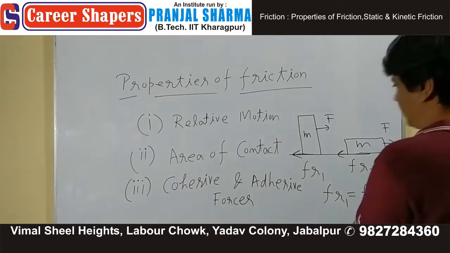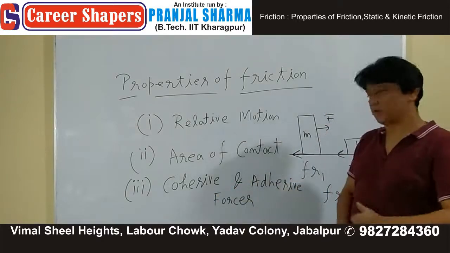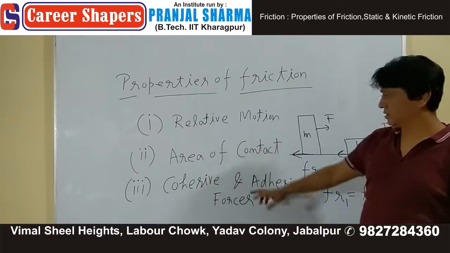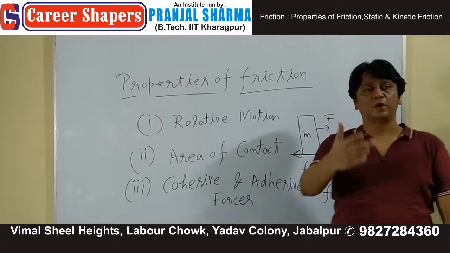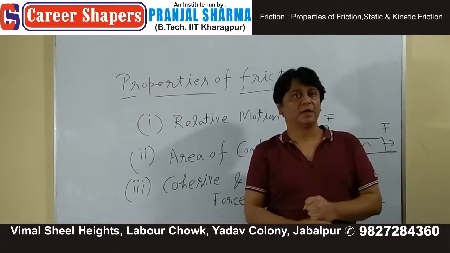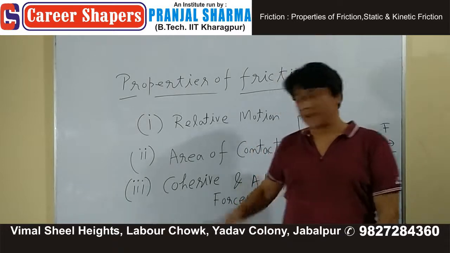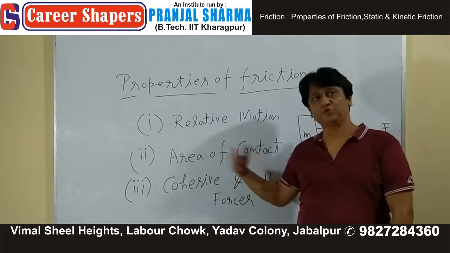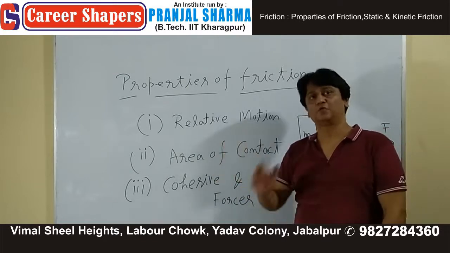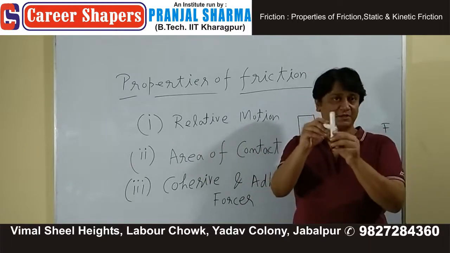Write down as a separate note. Only one of you answered, but not entirely in the correct manner. What is cohesive? Cohesive means forces which act between same type of atoms, same material. The force which is present between glass and glass, wood and wood, plastic and plastic.